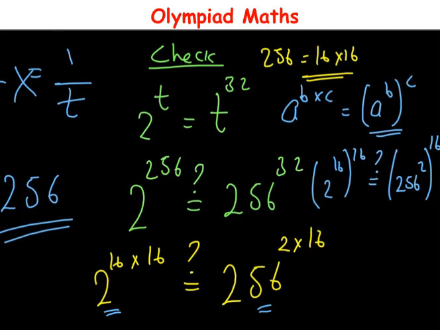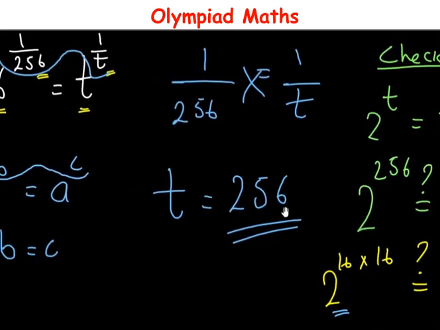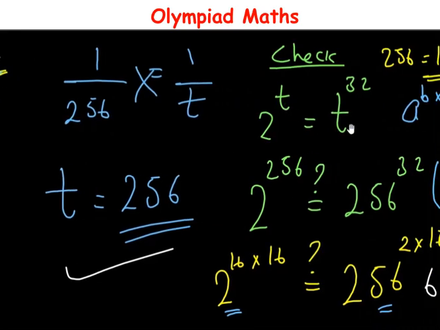So with this, 2 raised to power 16, the value is 65536 raised to power 16, which equals 256 squared, which is also 65536 all raised to power 16. Now, since they are equal to each other, this means that the value of t that we got as 256 is the correct solution for the given question: 2 raised to power t equals t raised to power 32.